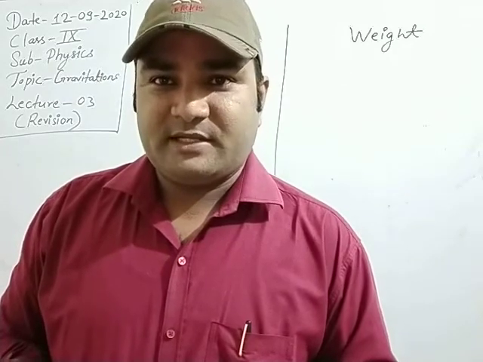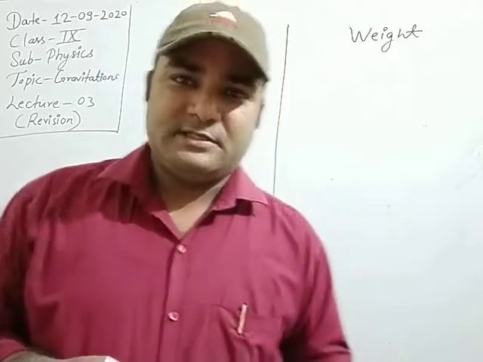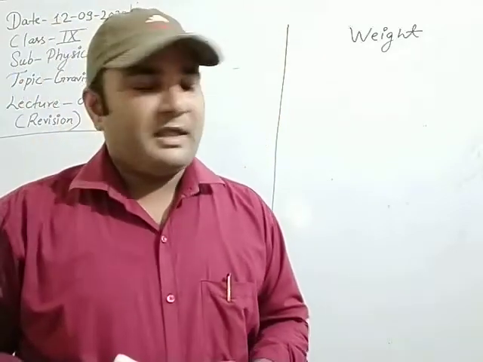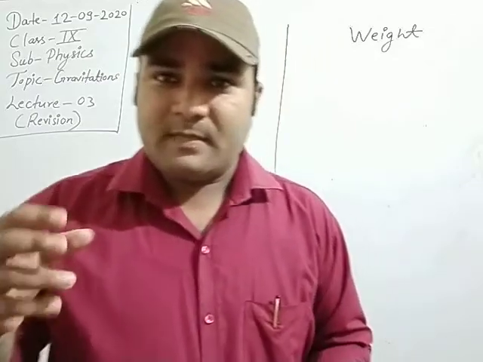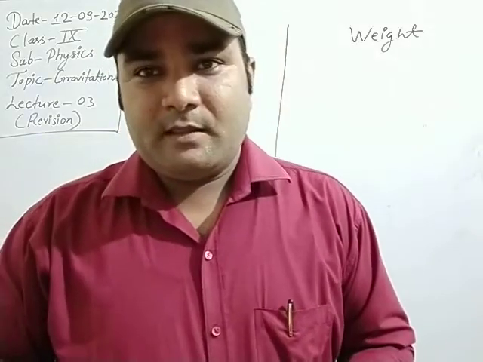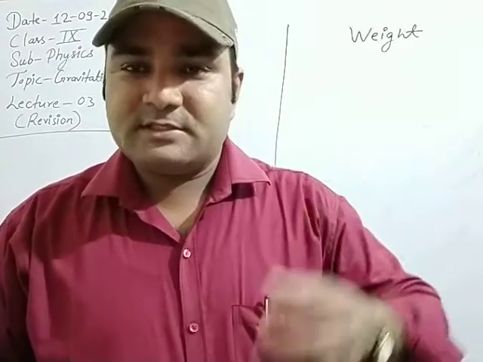The quantity of matter or material contained in any substance is defined as what? Mass. And weight means the force by which the earth attracts any object towards its center.